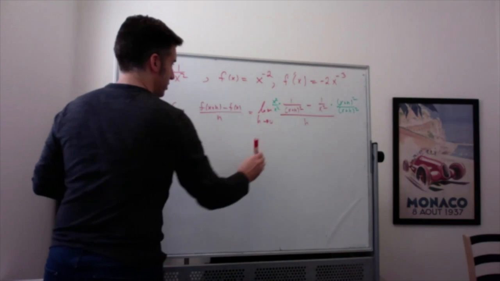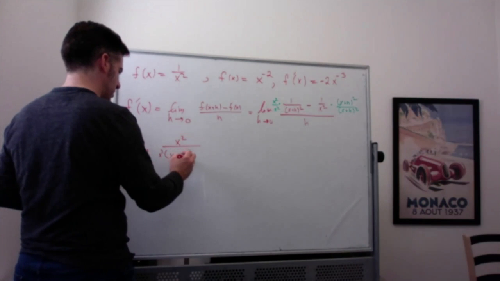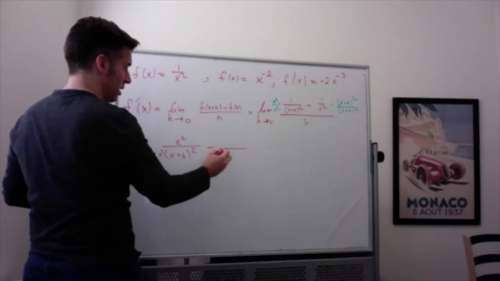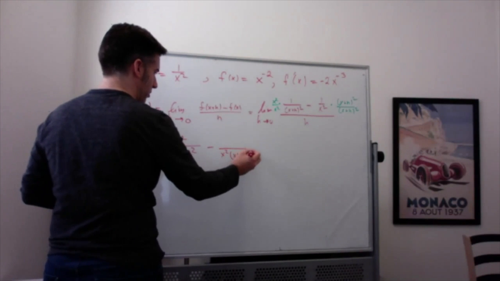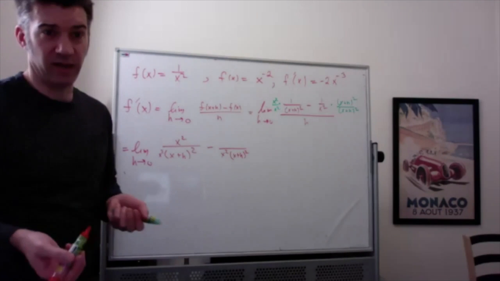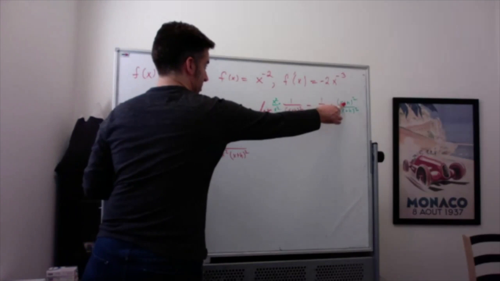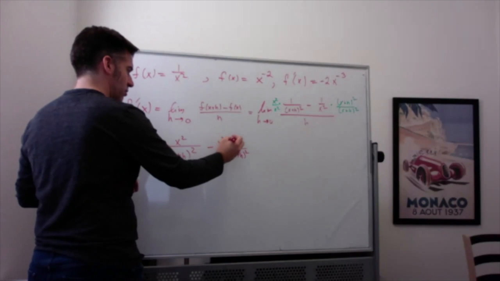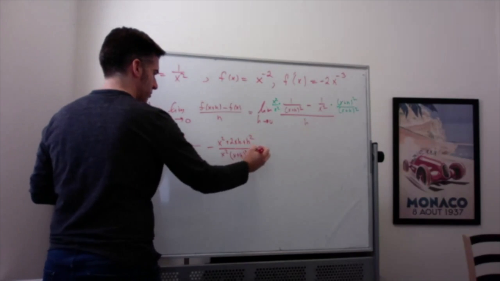This fraction is going to be x squared over x squared times x plus h squared minus this fraction. The denominator is also going to be x squared times x plus h squared. And I do want to multiply out the numerator because I know I'm going to need to. So this numerator, x plus h squared, multiplies out as x squared plus 2xh plus h squared.